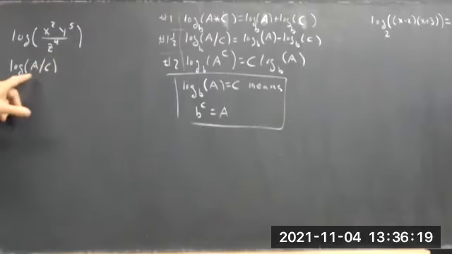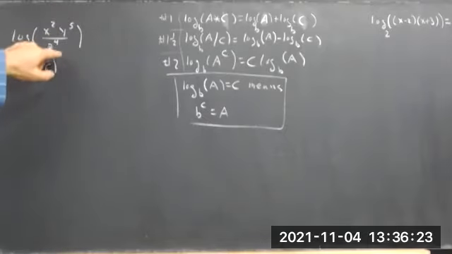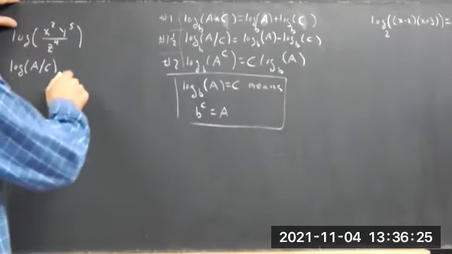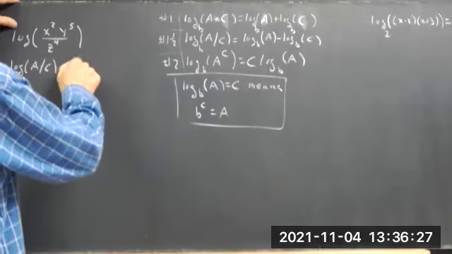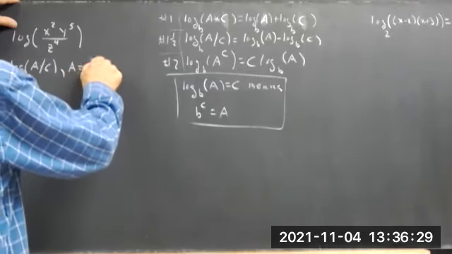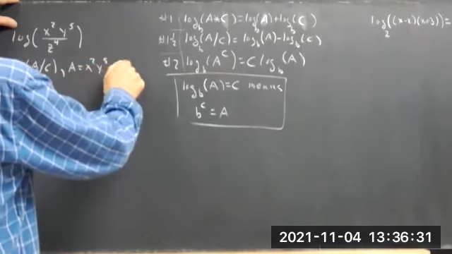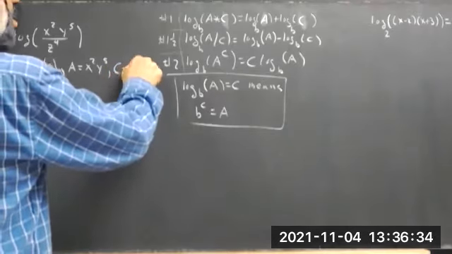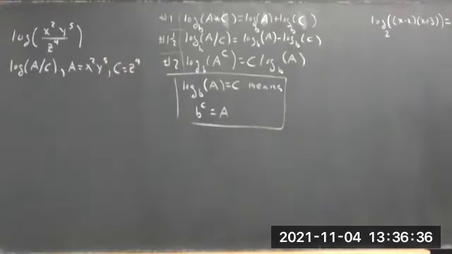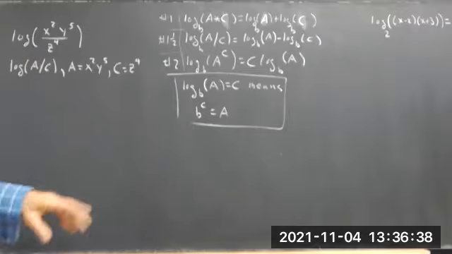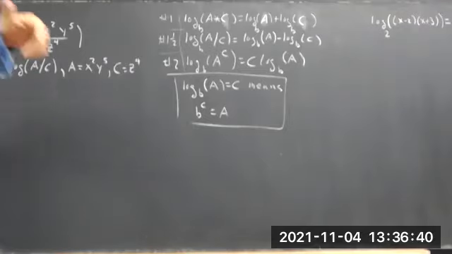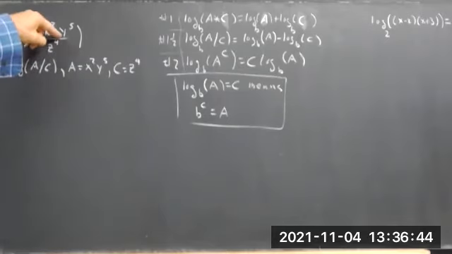I'm going to say this is a log of A over C. We've got a numerator and a denominator. Now you could also do it as log of A times C, where A is x squared over z to the fourth, and C is y to the fifth.